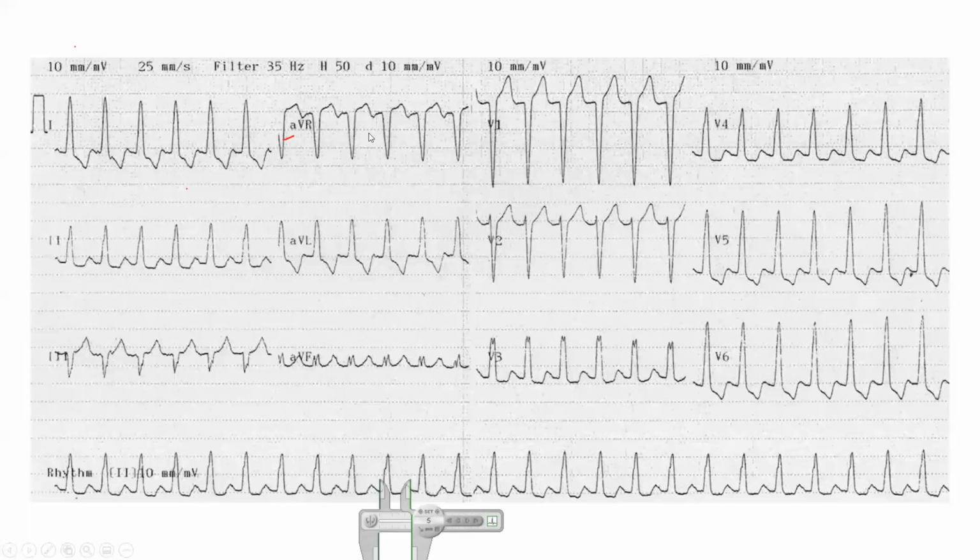Okay, so the second thing that I would like to ask you now is, notice the QRS complex. Is the QRS complex normal? No. Okay. What is the problem with the QRS complex?